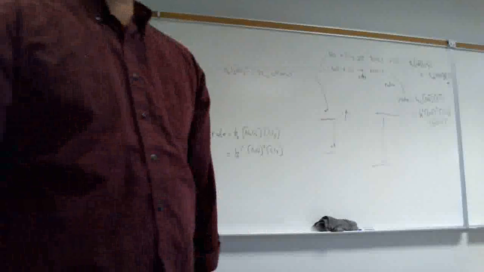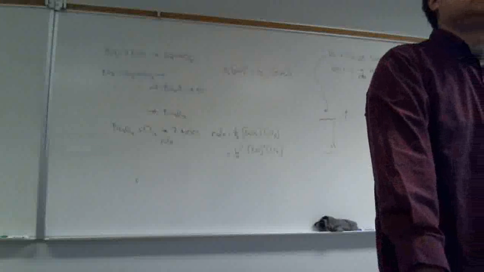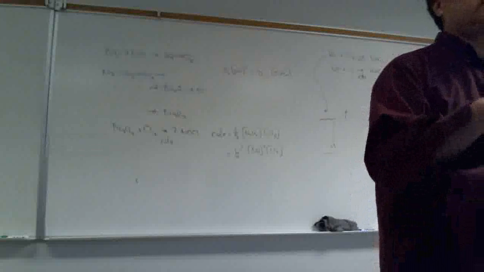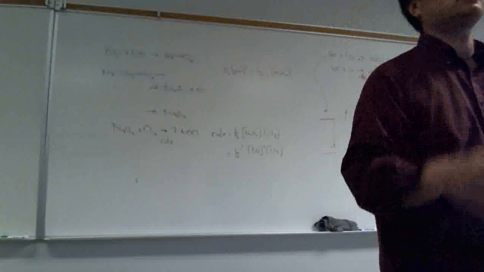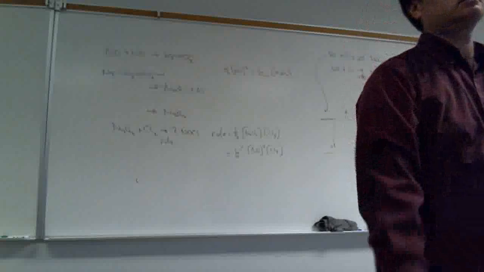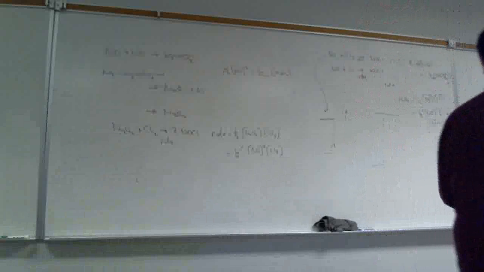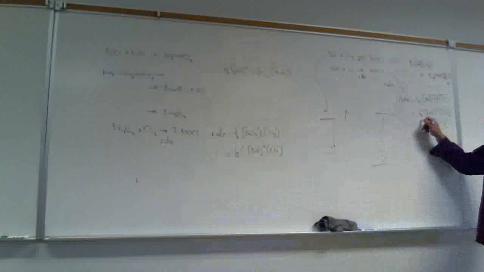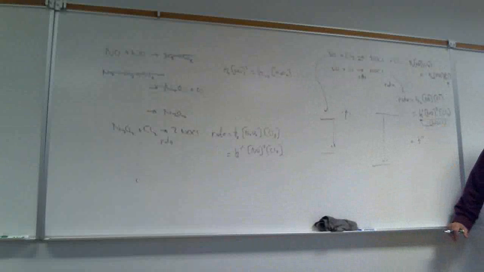If it were an intermediate, maybe it would be fairly constant because it's being formed and being consumed at about the same rate. And so what's pouring in is what's pouring out, basically. If it's fairly constant, then what you could do is wrap it into K and call it K double prime. That's what they did? Yeah.